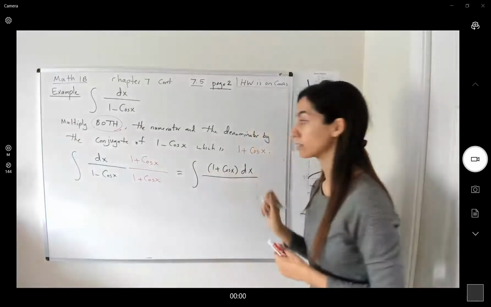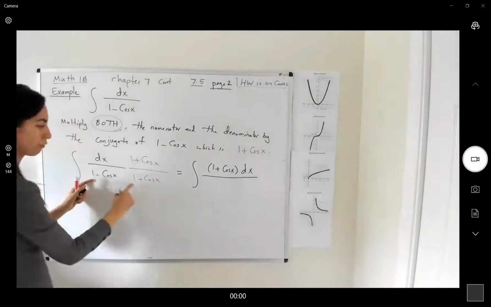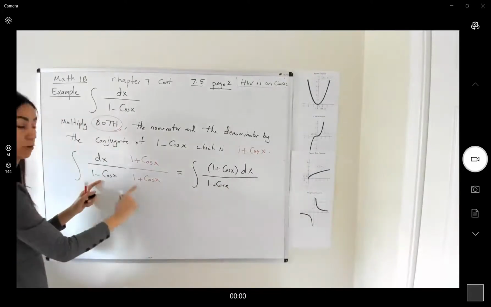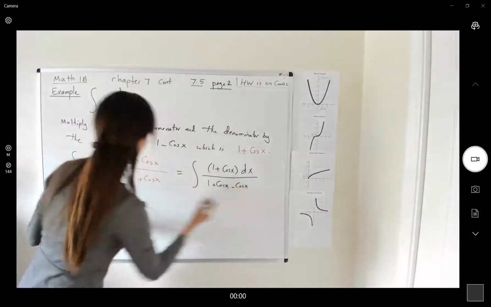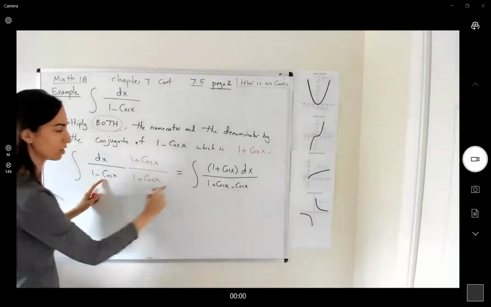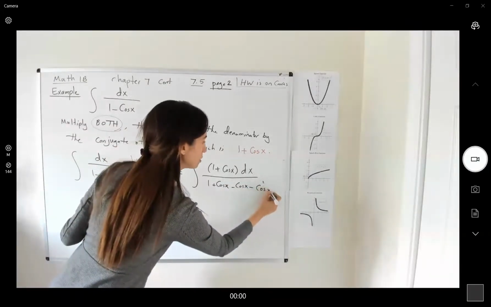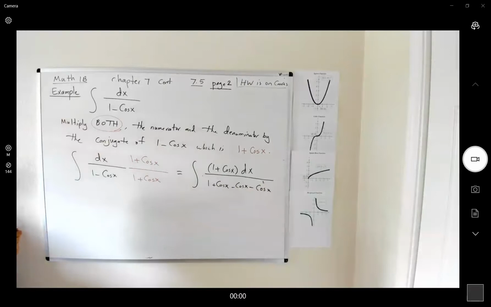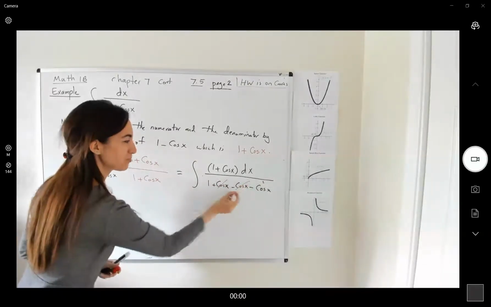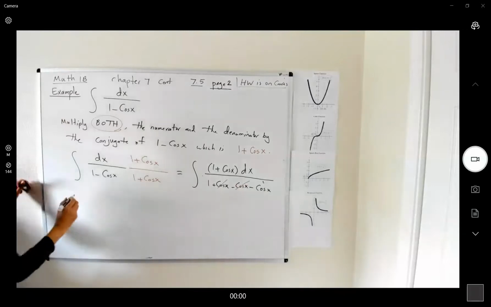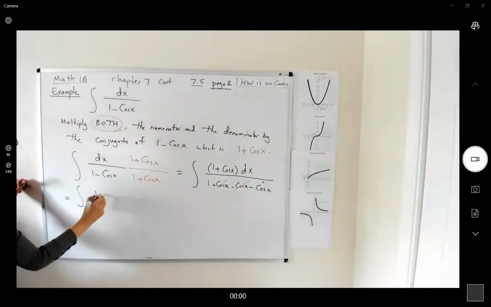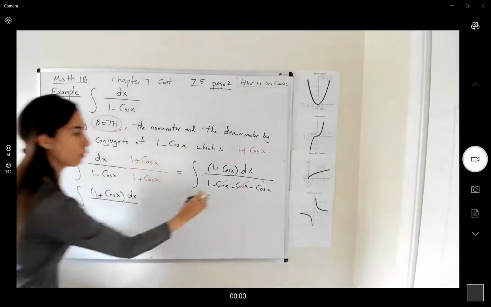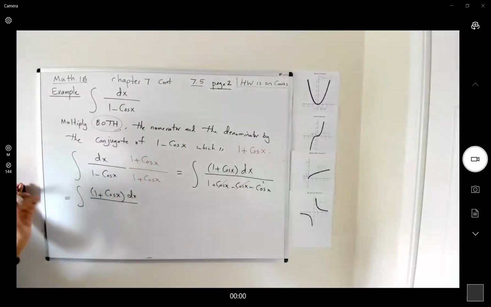My denominator, on the other hand, if you multiply 1 by 1, 1 by cosine x, negative cosine x by 1, negative cosine x by cosine x, is minus cosine squared x. You can cancel out the opposite terms. What do you get? You get the integral of 1 plus cosine x dx divided by 1 minus cosine squared.